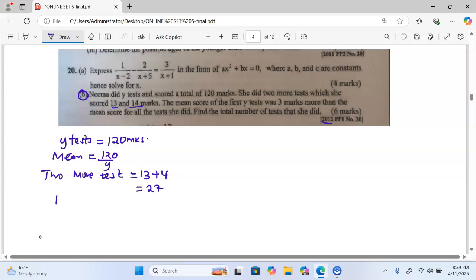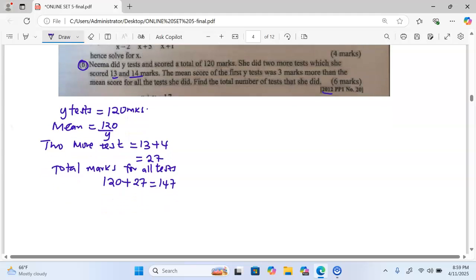From here now we can get the total marks for all the tests, which is going to be 120 plus 27, giving us 147.